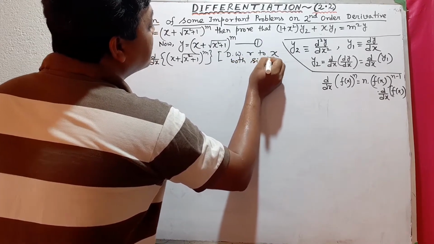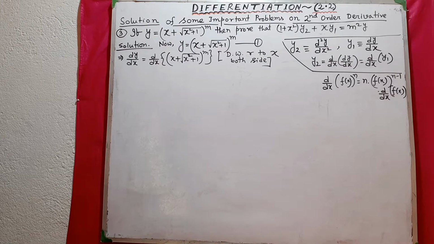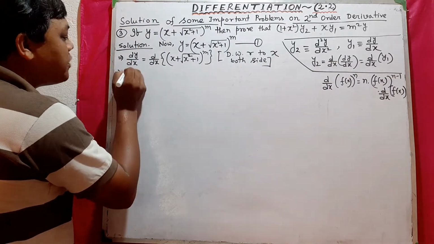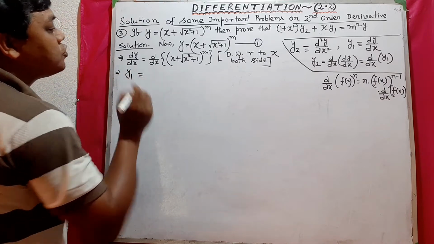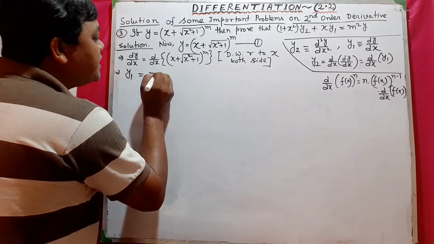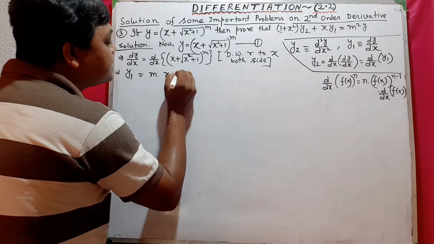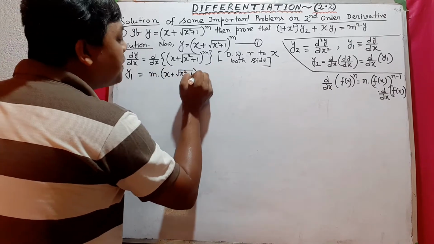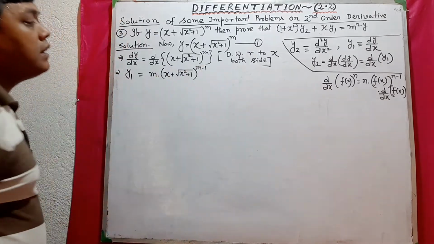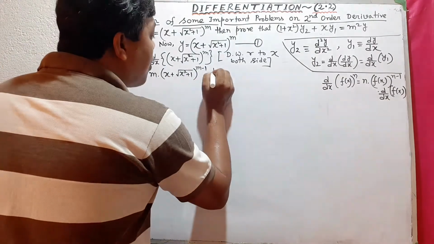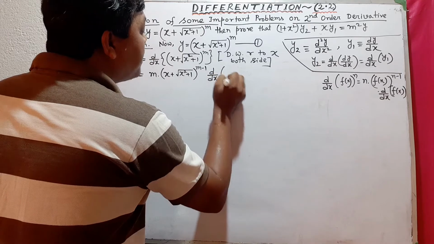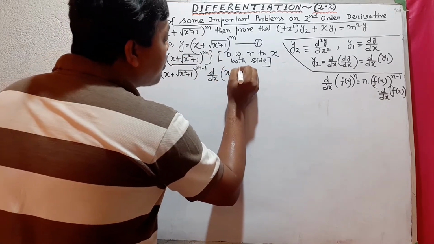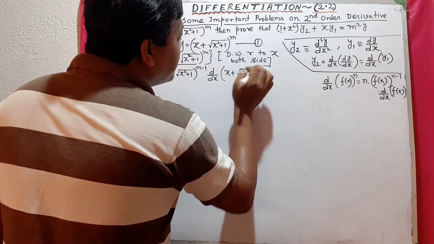Okay. So now according to the f(x) to the power n formula, this is my y1, dy/dx, equals y1, and m into x plus square root of x square plus 1 whole to the power m minus 1, d/dx of f(x). Where is my f(x)? This is my f(x): x plus square root of x square plus 1.